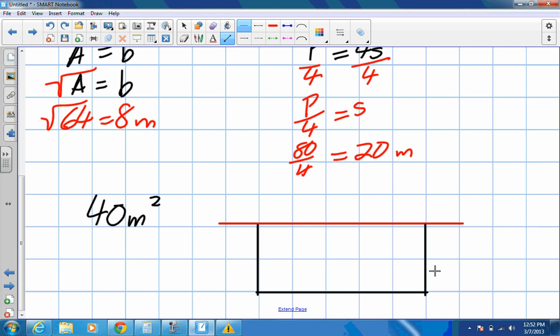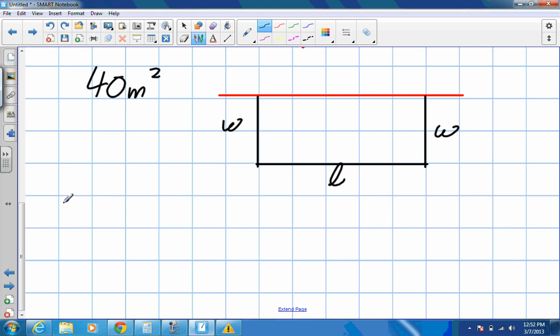Now we could go through the process again, but I'm going to help you out, guys, with a formula. Okay? Think of this as being the only length, and both of these being the width. So really, our perimeter in this case is going to be 2w plus L. That's going to be perimeter. We're only adding up 3 sides. We know that the area enclosed is going to be 40 meters squared.